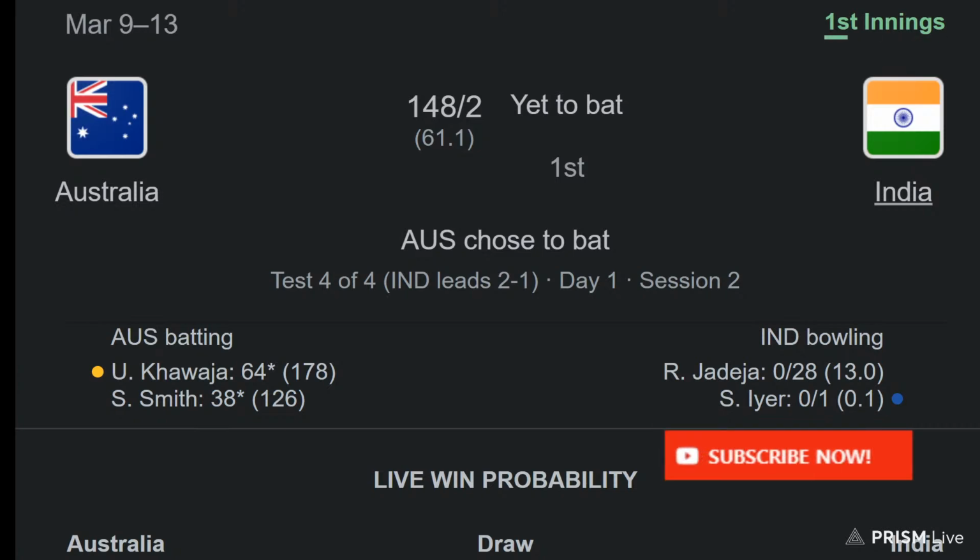Iyer is the new bowler. 149 for the loss of 2 wickets. Khaja 65. Smith now batting with 38 runs.